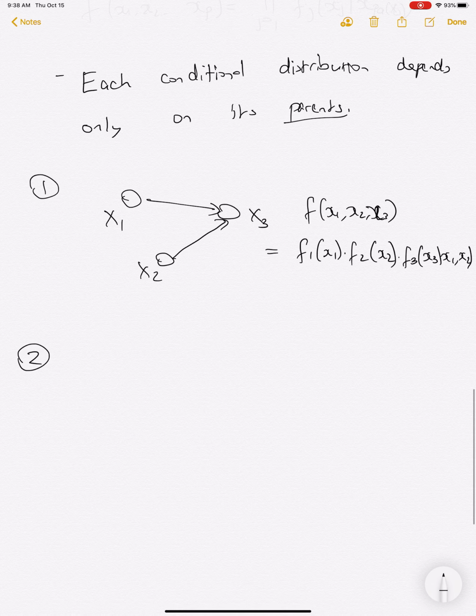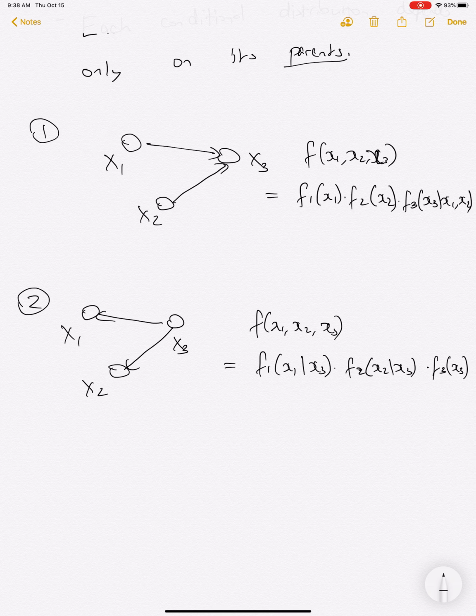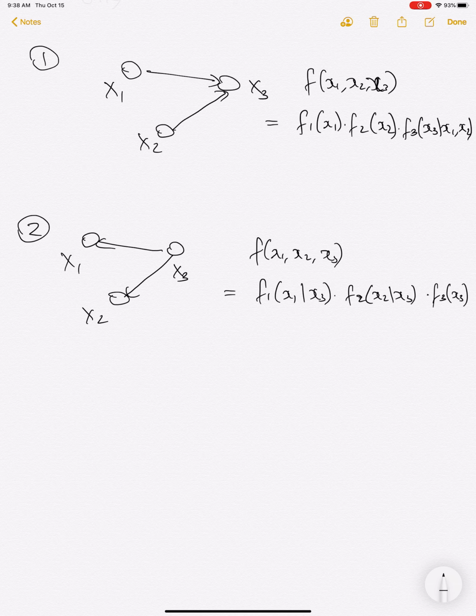And then for that second graph, we can write this out as follows: x1 has just one parent, which is x3. x2 has one parent, which is x3, and then x3 has no parents. So this is how the distribution factorizes. And we're going to see a very concrete example of that later as well.